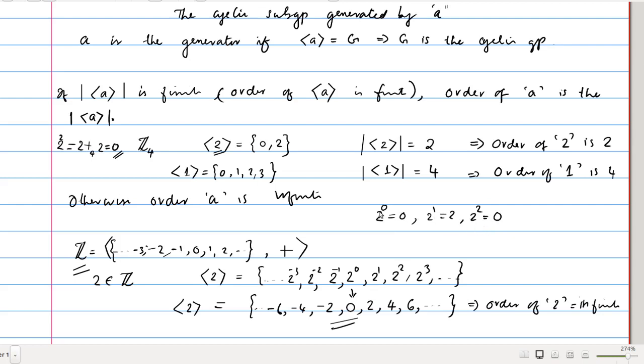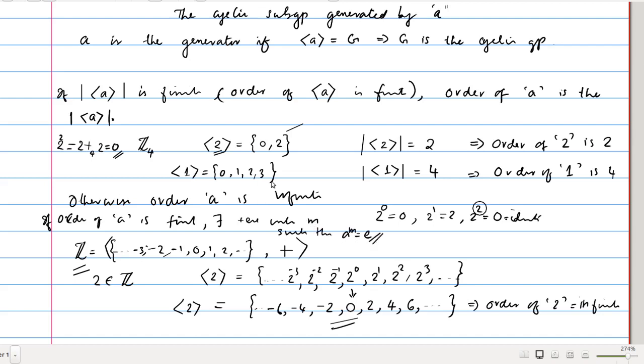Okay, so when you observe these elements in the cyclic subgroup generated by 2, we can observe that there should exist a positive number m such that 2 power m is equal to the identity element. That is another inference from this. So if the order of an element A is finite, then there exists a positive integer m such that A raised to m is equal to the identity element.